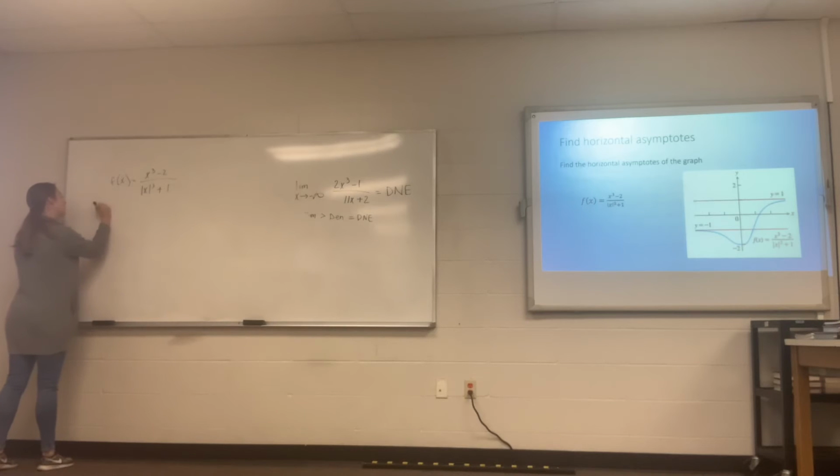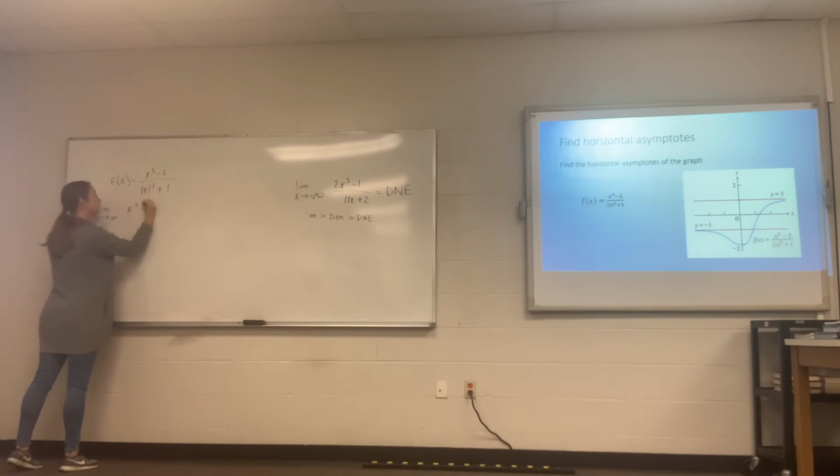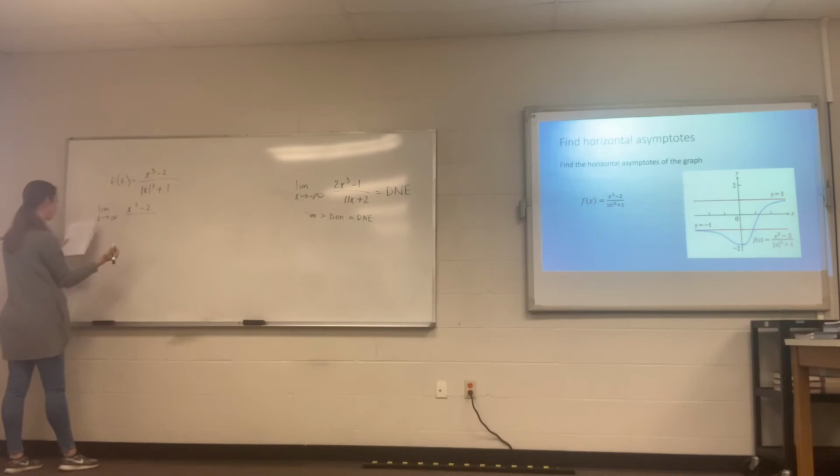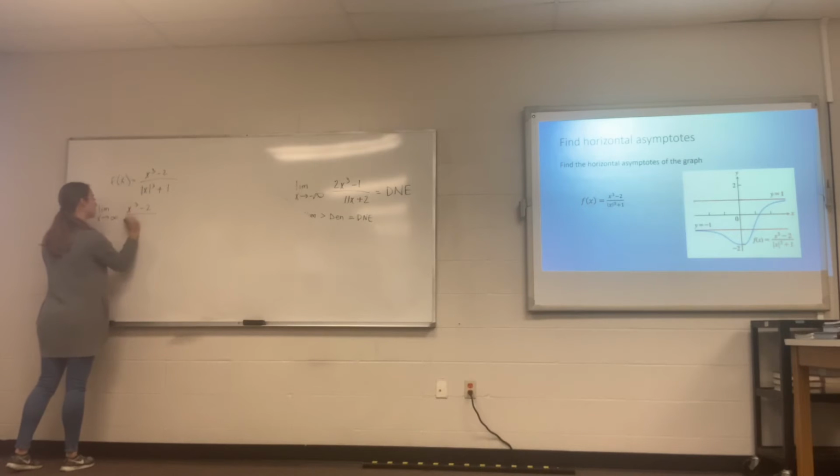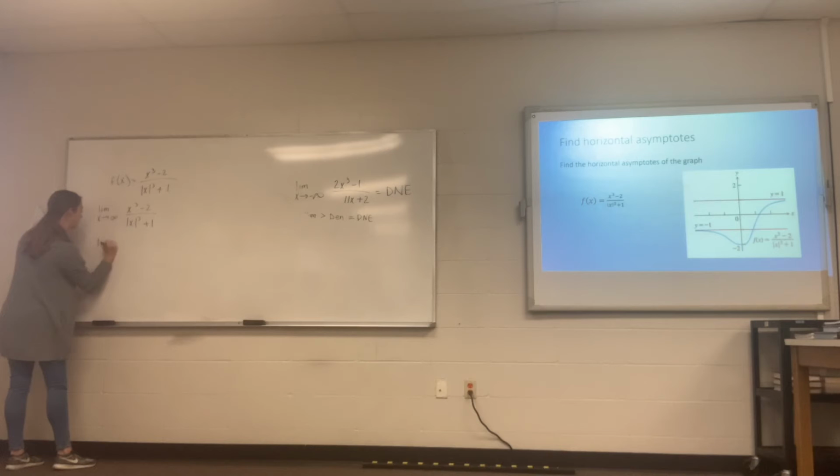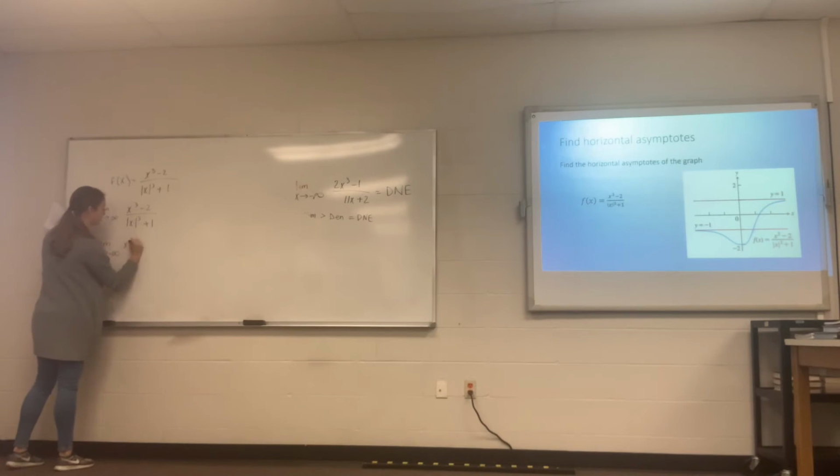I would have the limit as x approaches positive infinity of x cubed minus 2 over the absolute value of x cubed plus 1, and then the limit as x approaches negative infinity of x cubed minus 2 over the absolute value of x cubed plus 1.